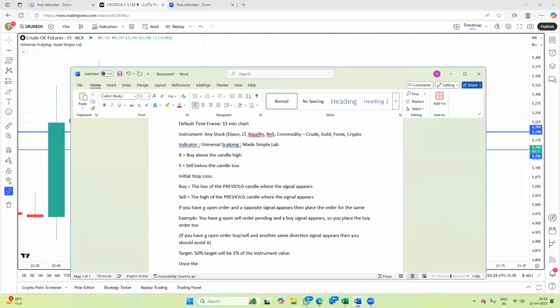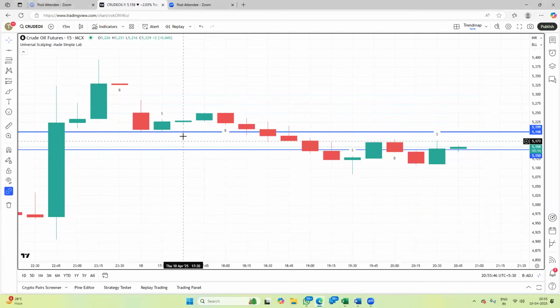Once the 50% target is hit, bring the stop loss to break even, right? Now, once you bring the stop loss to break even, then what? Then you have to wait for the next signal.